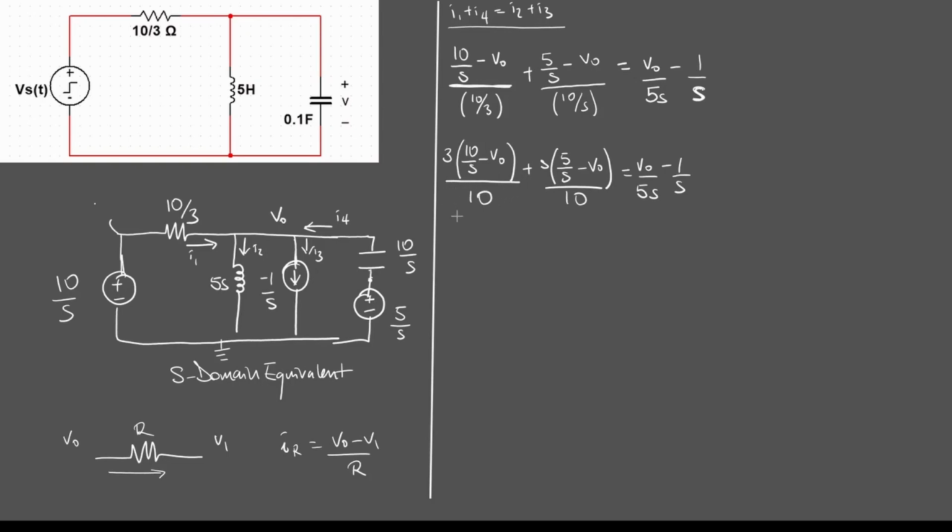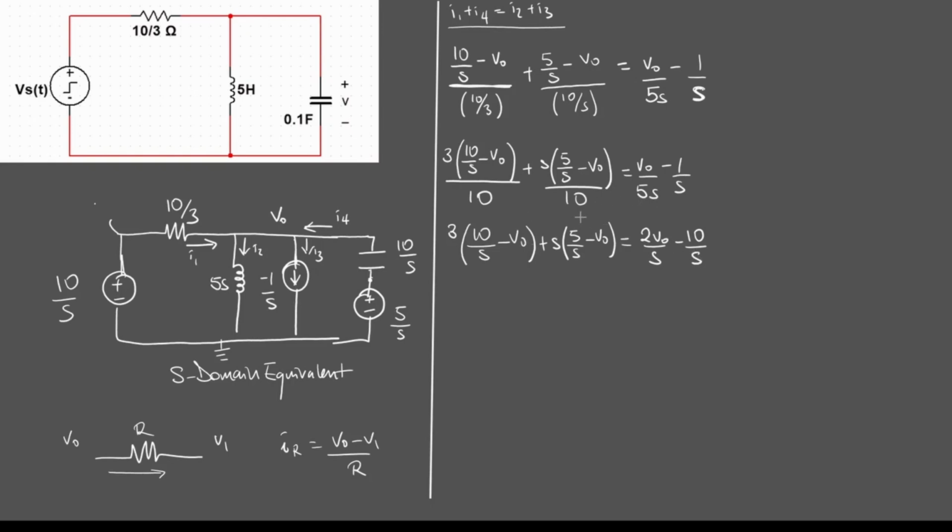So that's going to be 3 times 10 over S minus V naught plus S times 5 over S minus V naught is going to equal 2 V naught over S minus 10 over S.